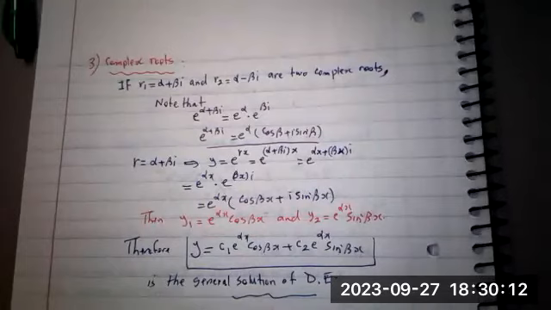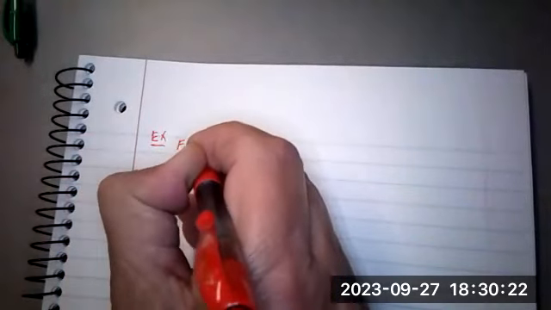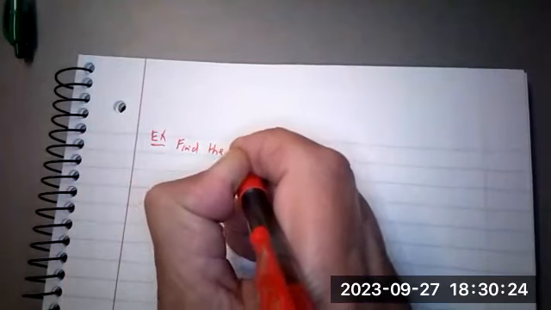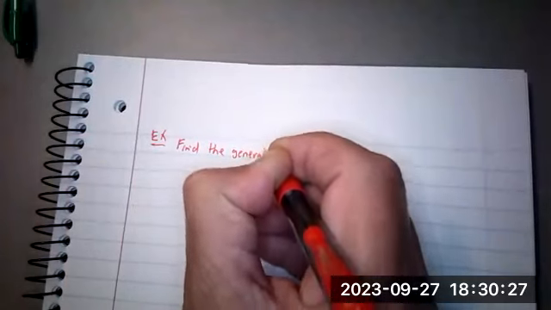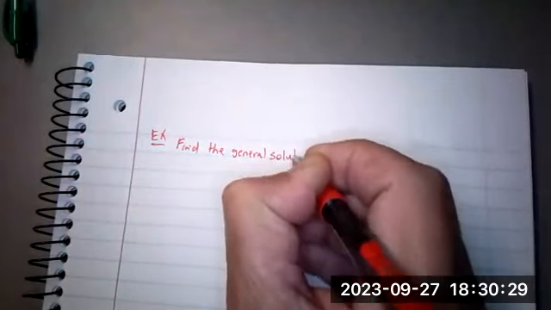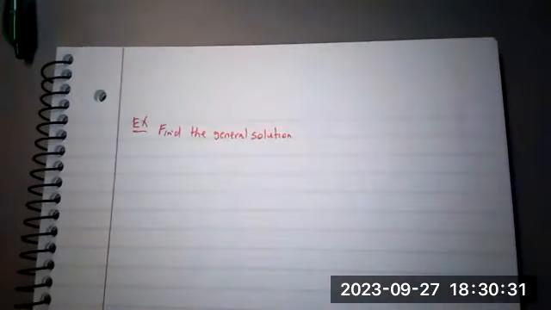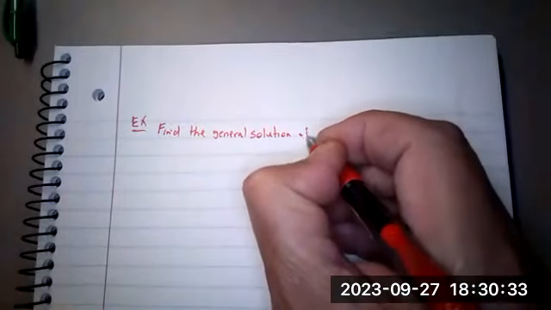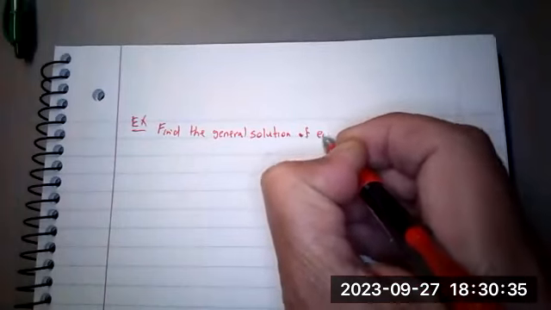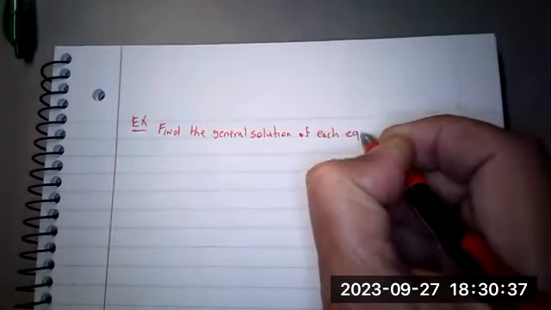Okay, so let's check how we're going to do it. We are going to ask you to find the solution of, okay, example. Find the general solution of each equation.